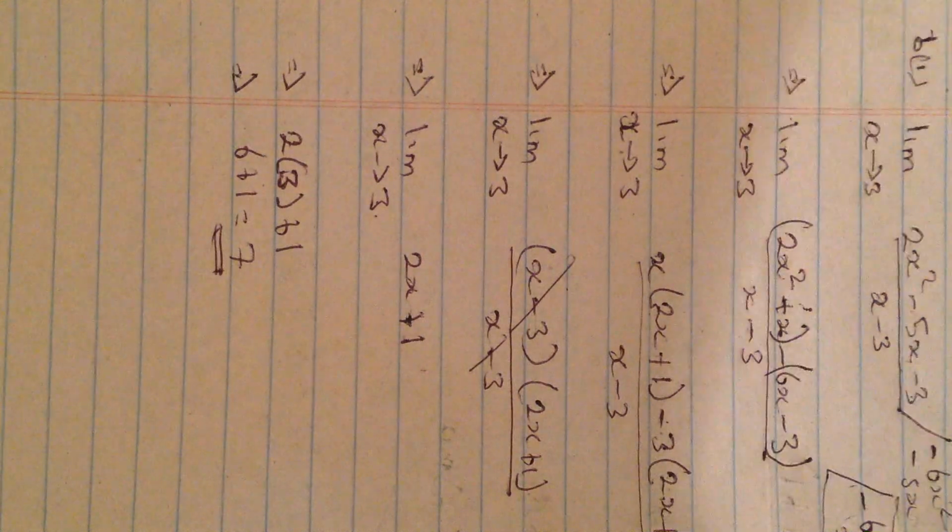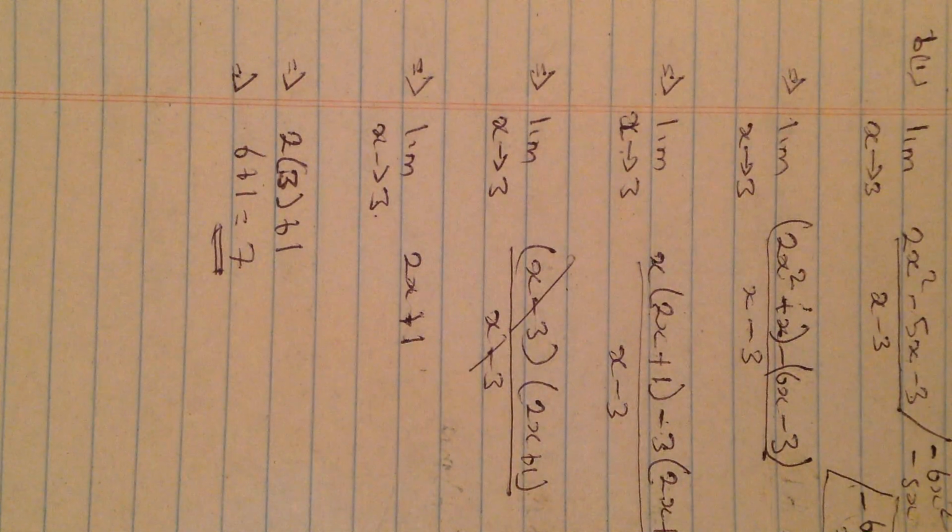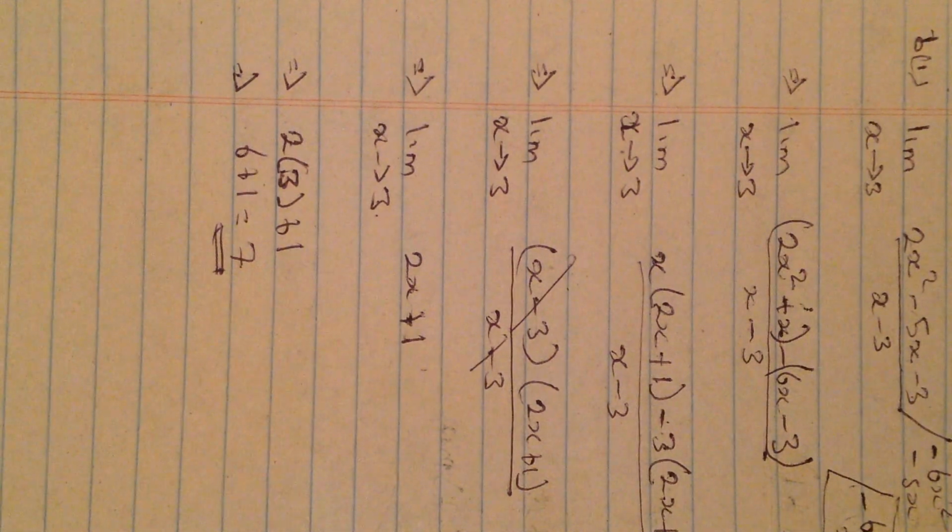We proceed, we go to number 2. Number 2, the question says, okay, 2b. So this one, it was 6 marks. We go to b.